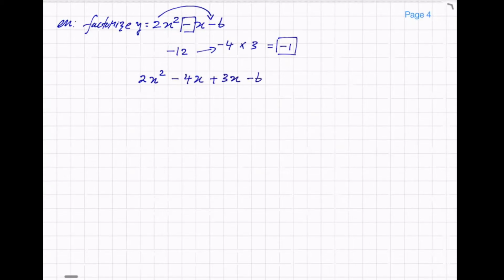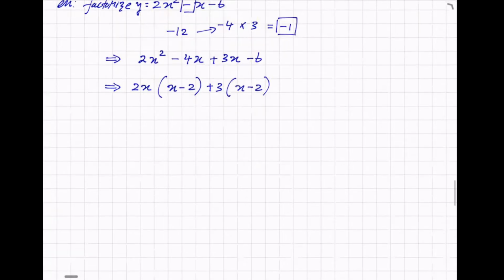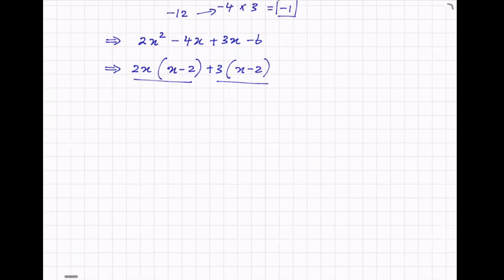That is what you get here. Then here 2x is common, so x minus 2. You can take 3 out from here, so it's x minus 2. When you take the whole thing here, x minus 2 is common, so you take x minus 2 out. It's going to be 2x plus 3. That would be the answer to the question.